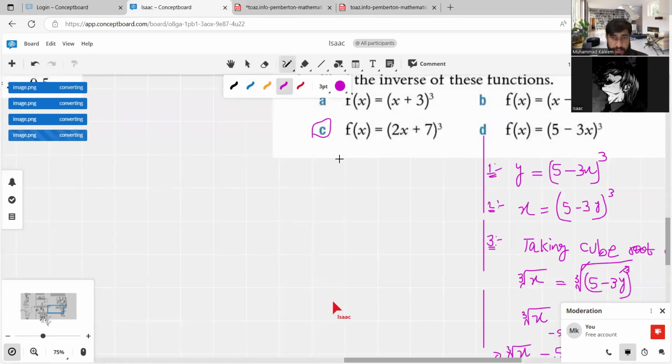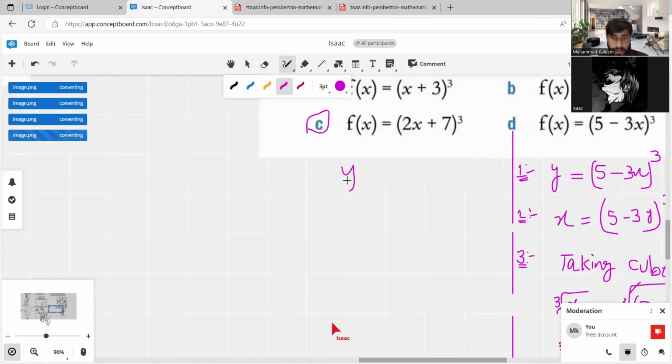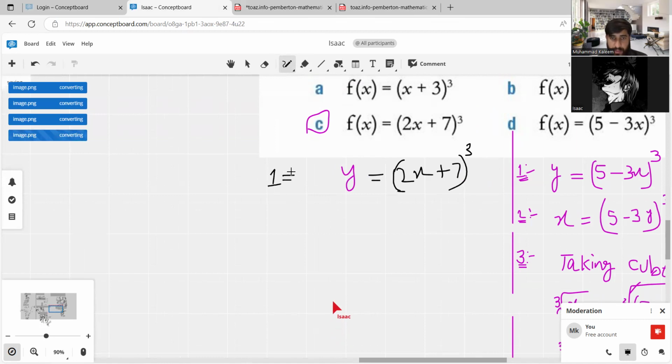Oh, okay. So first you do y equals 2x plus 7, the whole thing cubed. Then you replace by x, so it'll be x equals 2y plus 7 cubed.